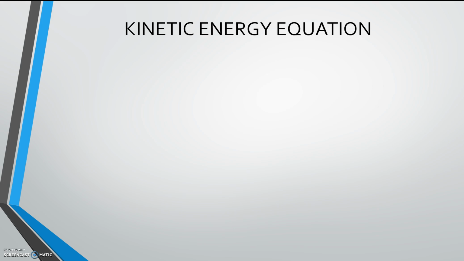When we look at our equation for kinetic energy, it's a little bit more complicated than a potential energy equation. Our kinetic energy equation is KE equals 0.5 times m times v squared.